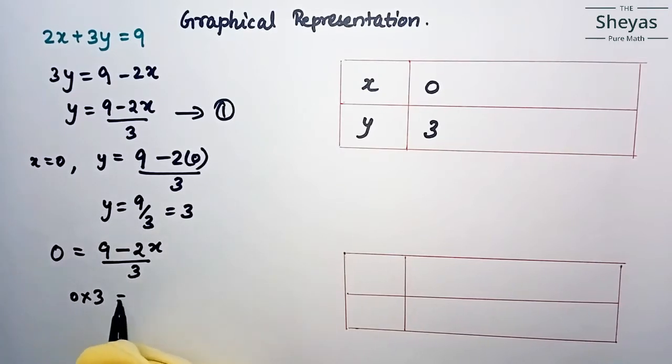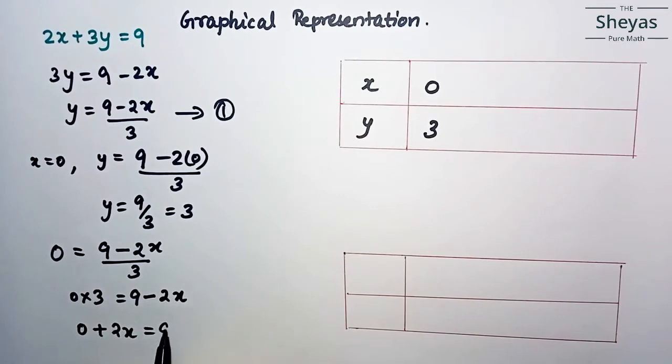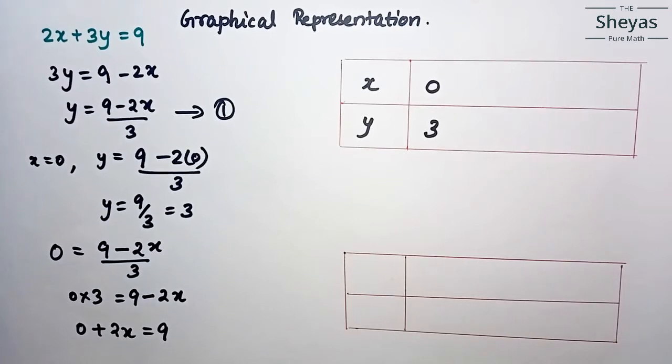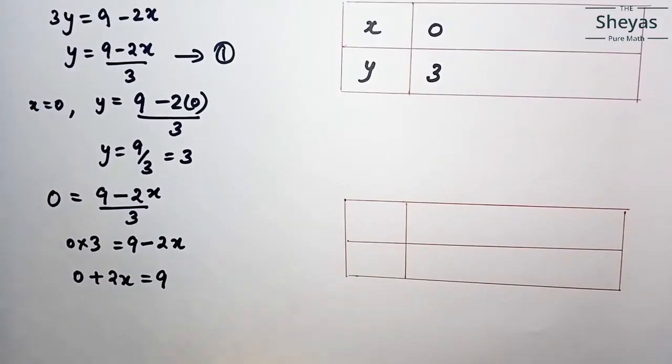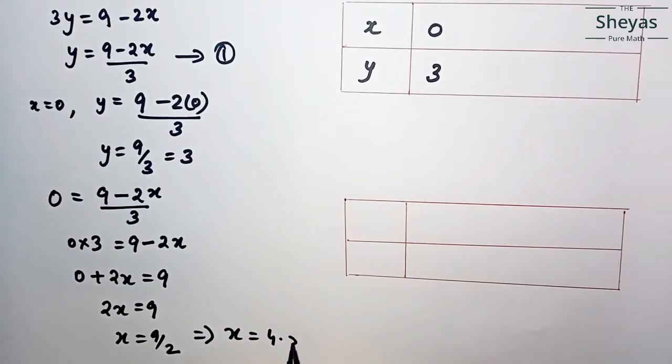So 9 minus 2x, this will become 0. So minus 2x, 0 plus 2x, 9. Now 2x is equal to 9. So x is equal to 9 by 2. Therefore x is equal to 4.5.